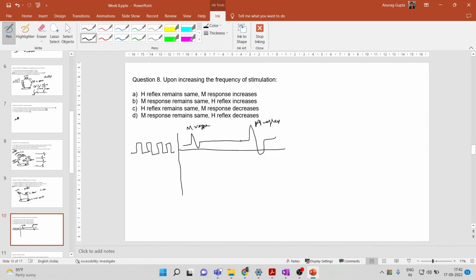So when the frequency of the stimulus is increased, the M response continues to generate. The M response is there. However, the H reflex response continues to decrease because it is not able to generate those action potentials, because like I just mentioned, it's a time consuming process since chemicals are involved. So the answer is M response remains the same and the H reflex decreases. Answer is D.